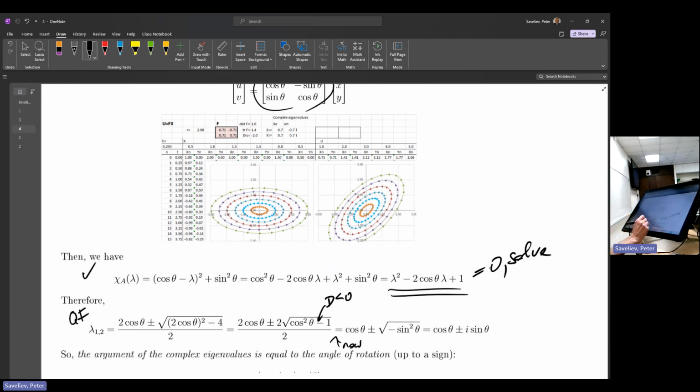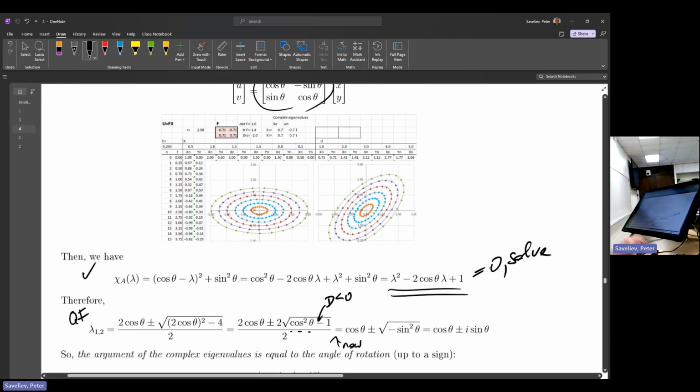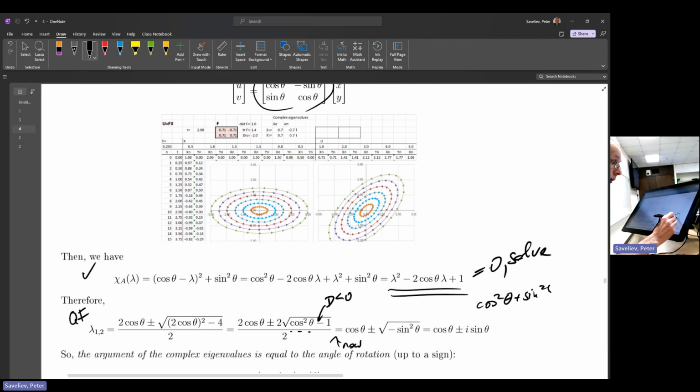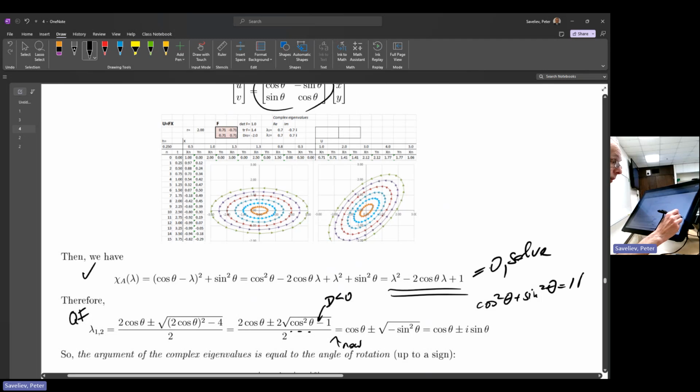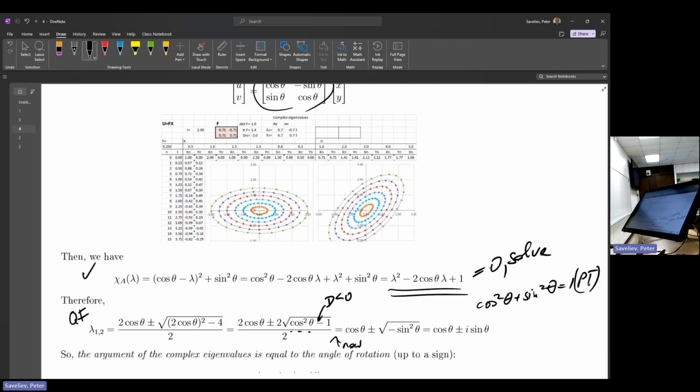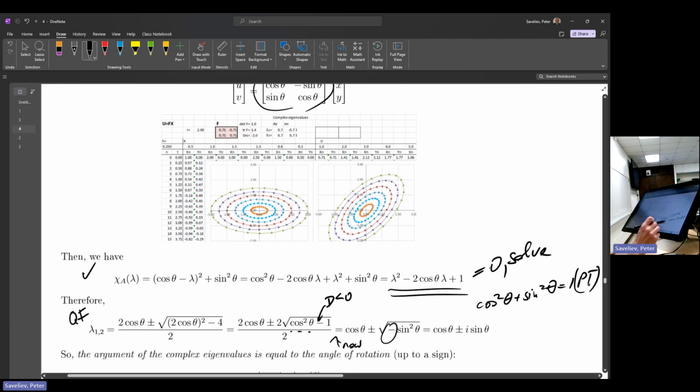Okay, so here I actually did some simplification, because 1 minus cosine squared. Remember that equation: cosine squared theta plus sine squared theta is equal to 1, also known as the Pythagorean theorem. So to simplify things, I used the formula and ended up with sine squared theta. And once again, knowing how to deal with complex numbers, the square root of -1 becomes i.